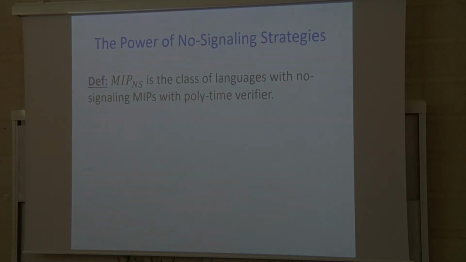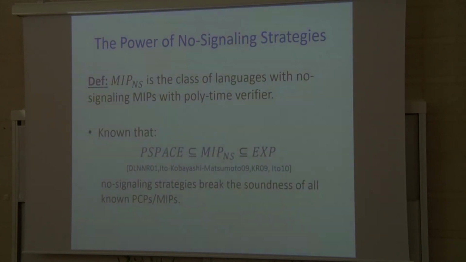Okay, so let me tell you a little bit about what's known about these no signaling MIPs. Let's define this class MIP-NS as the class of languages that have no signaling MIP protocols where the verifier runs in polynomial time. The natural extension of the class MIP. You can think of a scaled down version as well, but let's put that aside for a second. It was known that this class of no signaling MIP contains PSPACE and is contained in EXP.